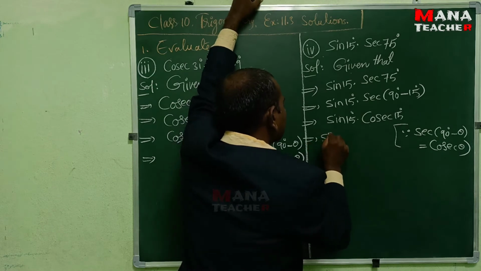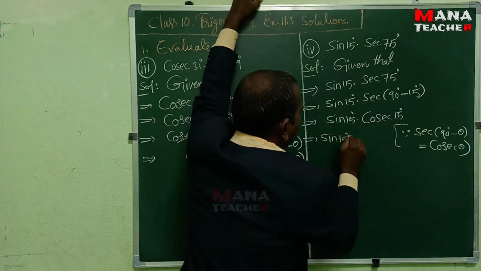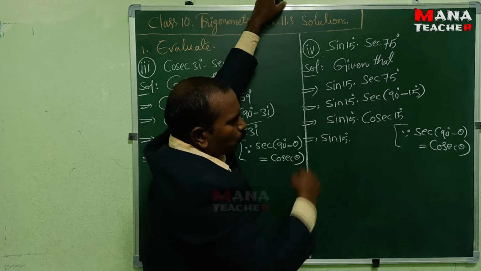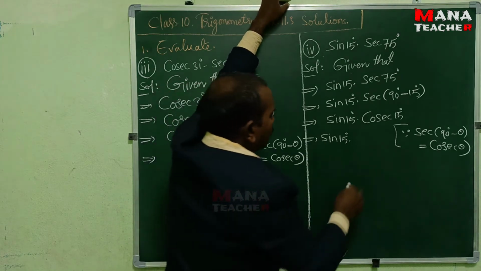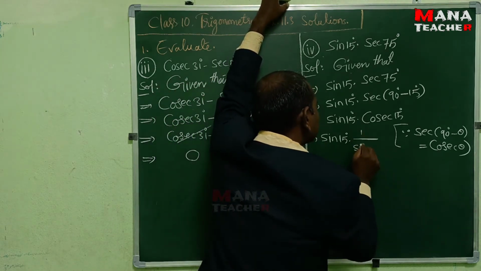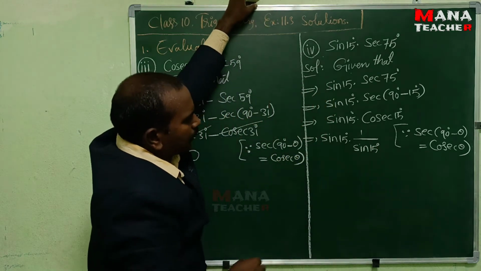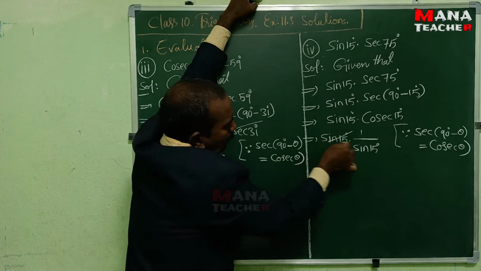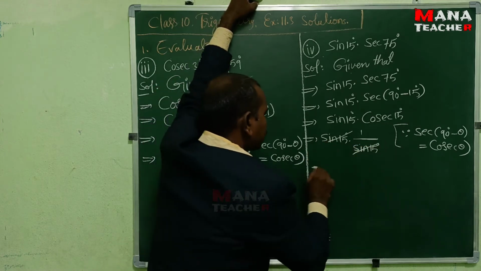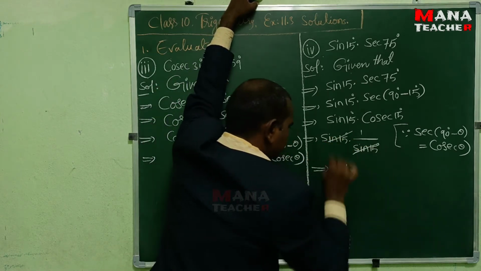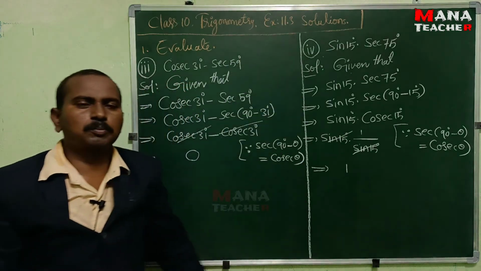Here sin 15 degrees times cosec 15 written as 1 by sin 15. Here sin 15 cancels. That equals 1. This is the fourth problem.